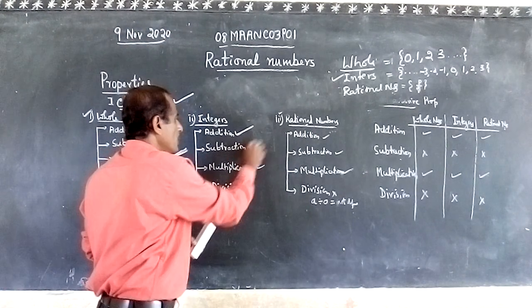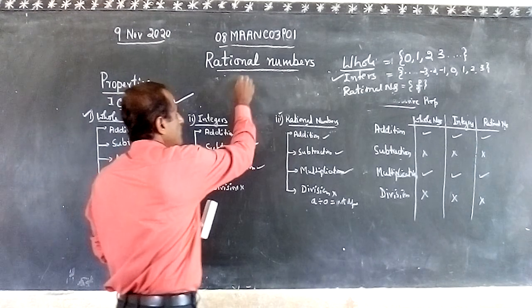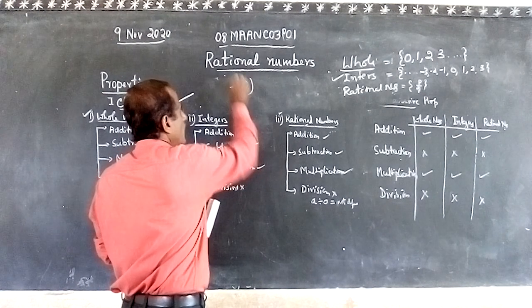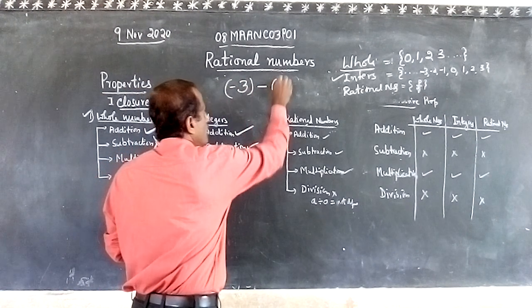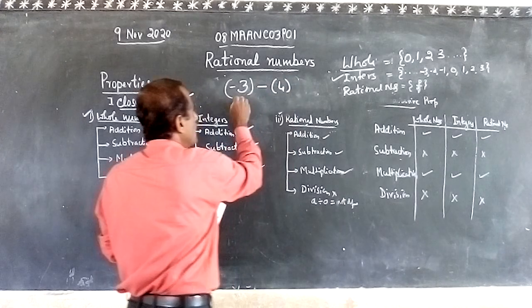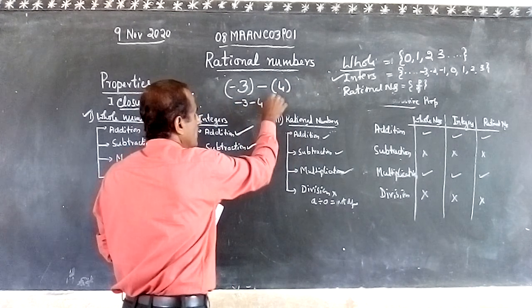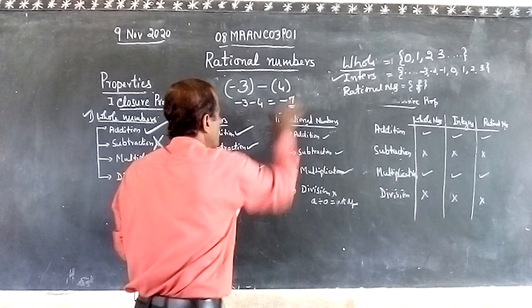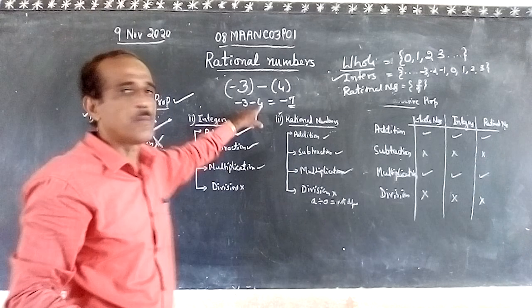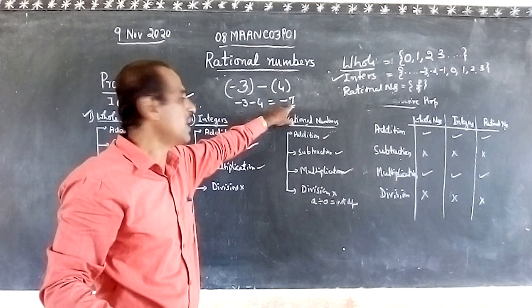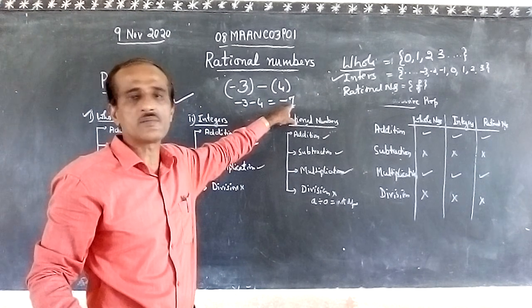Next, what about subtraction? If you subtract, minus 3, one integer, minus plus 4. Minus 3 minus 4 is equal to minus 7. Here minus 3 is an integer, 4 is an integer, and the answer minus 7 is also an integer.